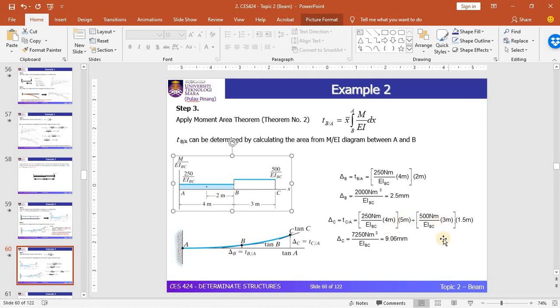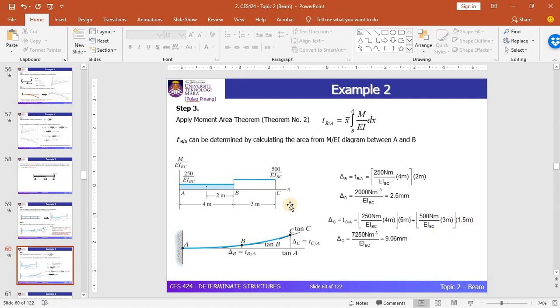Let's look into the second term. The second term refers to this rectangular area from B to C. So the area is 500 over EIBC, the height, multiplied with the 3 meter, the base of the rectangle. And X bar is the distance between the center of this rectangle towards point C again.